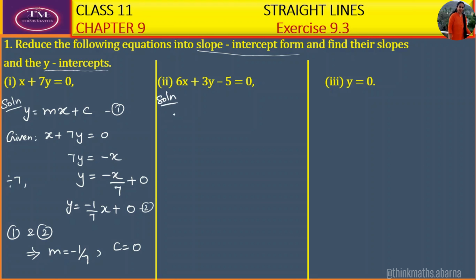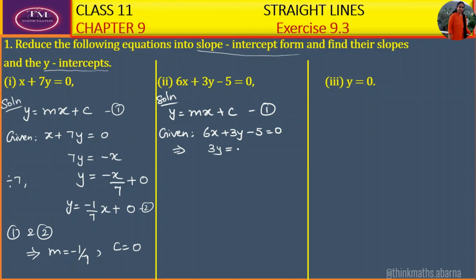Yes. So here also we have y is equal to mx plus c. So this is the first equation. Now what is given? It is given that 6x plus 3y minus 5 equal to 0. As usual, keep the y term in RHS and take everything to LHS.